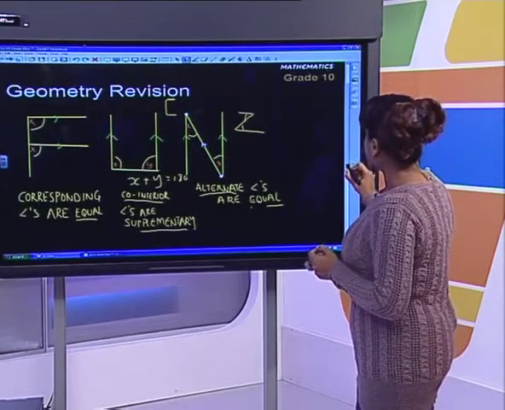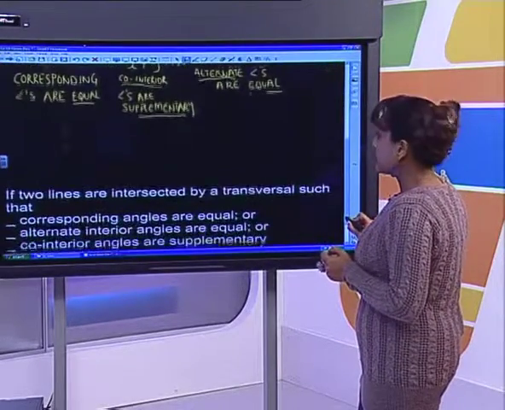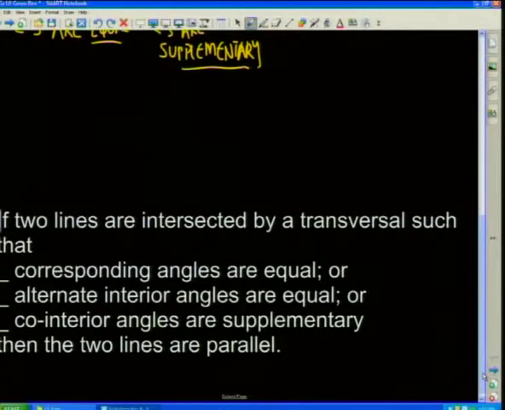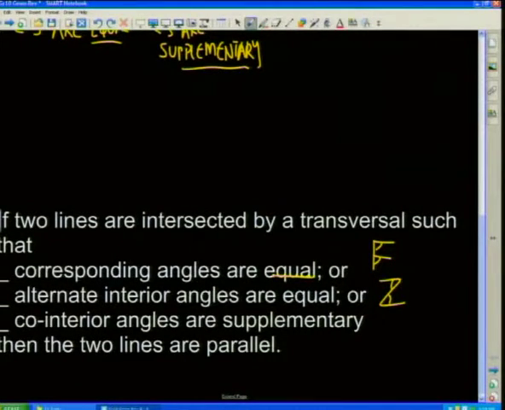On the other side of this, just looking at the converse: if you have two lines intersected by a transversal such that the corresponding angles are equal, so in other words you have this F shape and those angles are definitely equal, or the alternate interior angles are equal, so if we look at the N or the Z shape, those are equal, or if the co-interior angles are supplementary, so if they add up to 180 degrees, if any of this happens, then the two lines are said to be parallel.